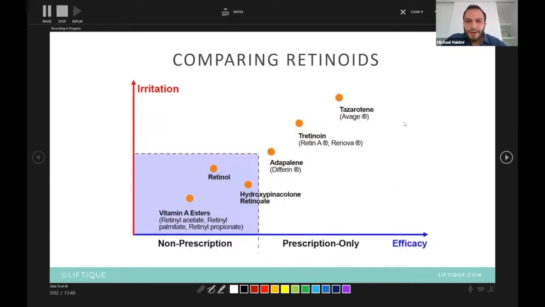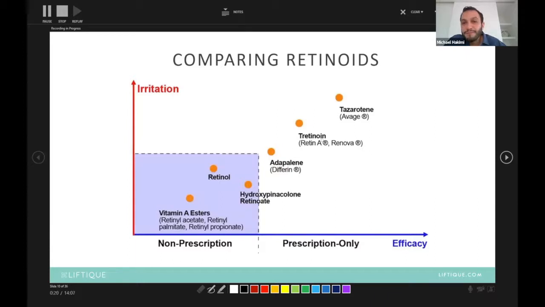Now, more on the whole Retin-A, retinol topic. As you can see in this graph, there are certain products that you can buy over the counter. Retinol is something you can buy over the counter.